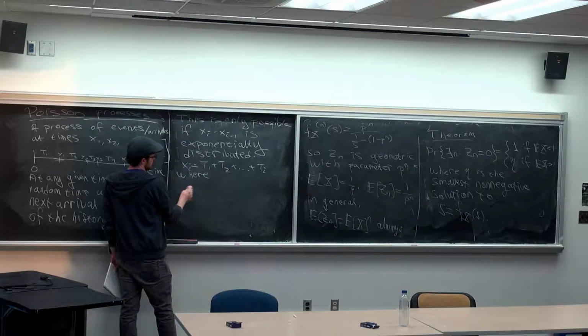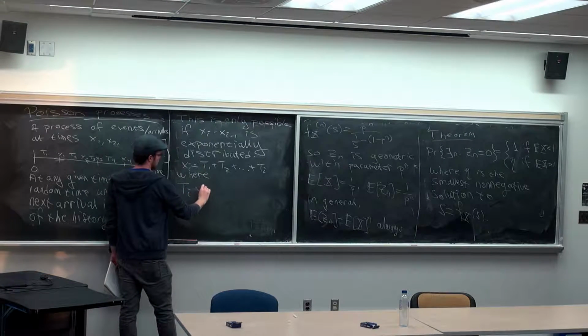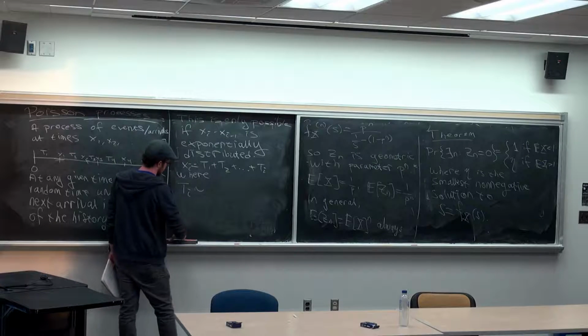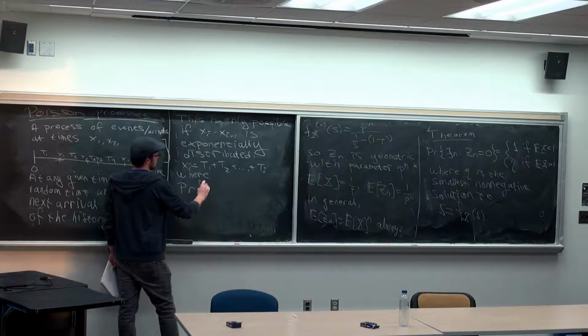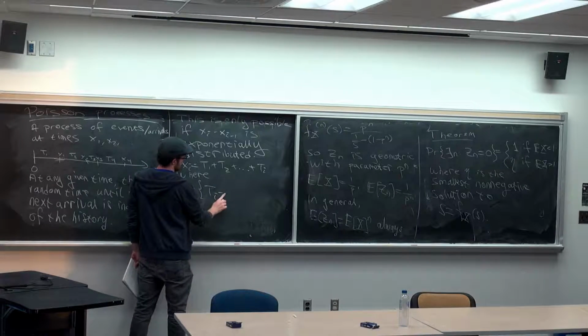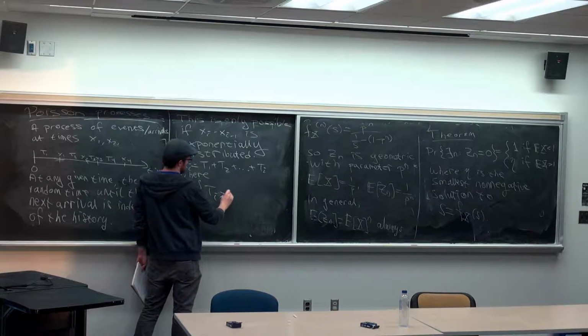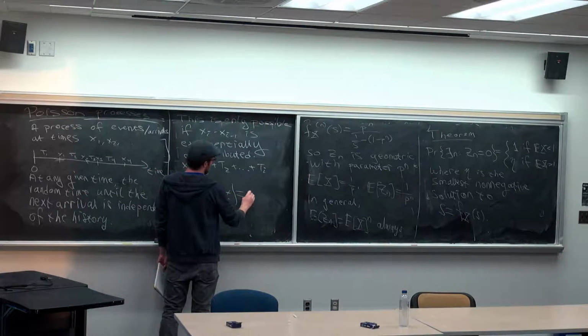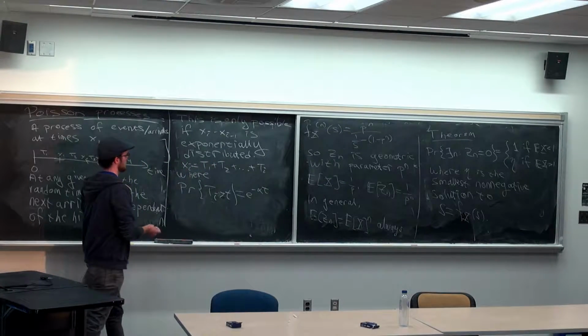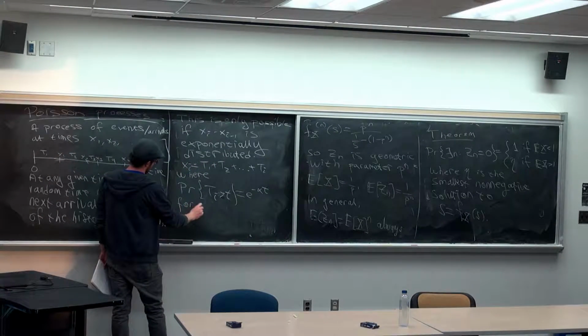Where ti is exponentially distributed, I'll say the probability that ti is greater than t, so this is a continuous time distribution, e to the negative alpha t for some constant alpha.